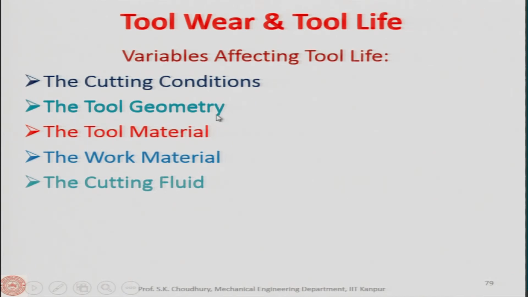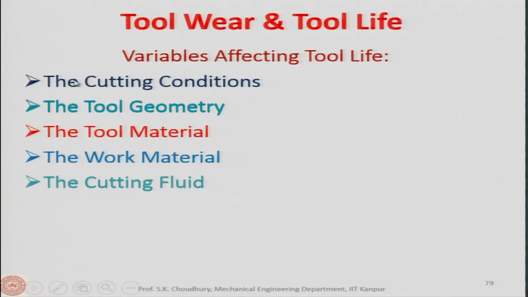In the tool geometry, we know that basically this is the tool angles, that is the 3 sets of angles, 1 set of rake angles, 1 set of flank angles and 1 set of cutting edge angles along with the tool nose radius. Okay. So, all this is included in the tool geometry.